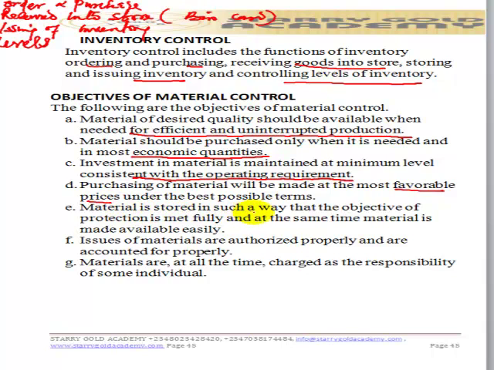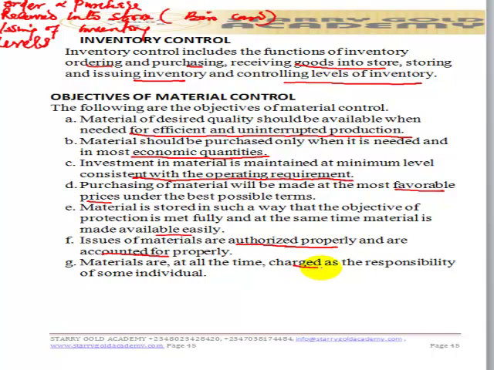Material is stored in such a way that the objective of production is met fully, and at the same time material is made available easily. So availability, issues of materials are authorized properly and accounted for. So objective here is to ensure authorization and accounting. Materials at all the time charged as the responsibility of some individuals.